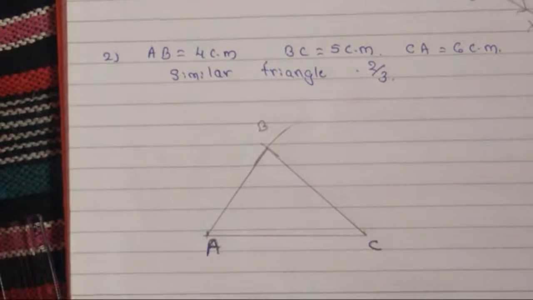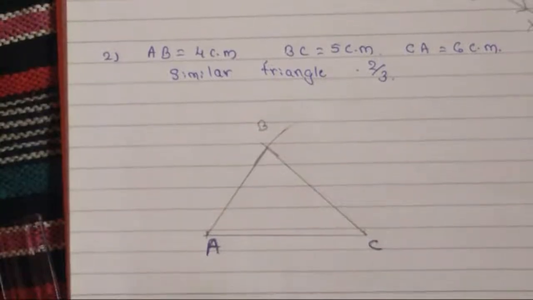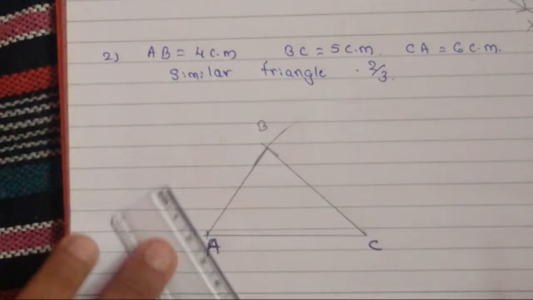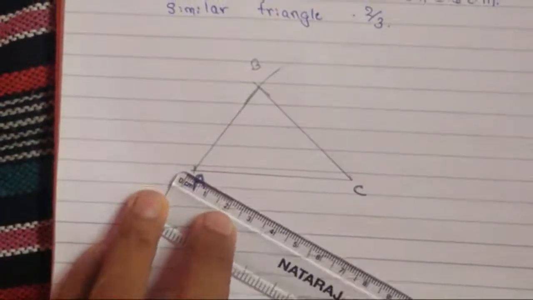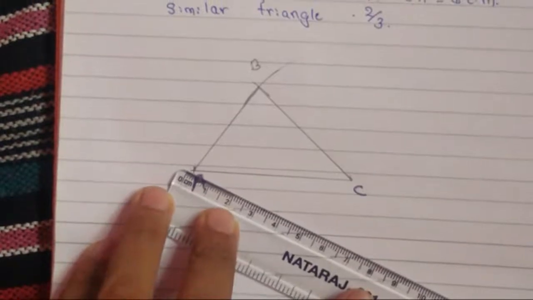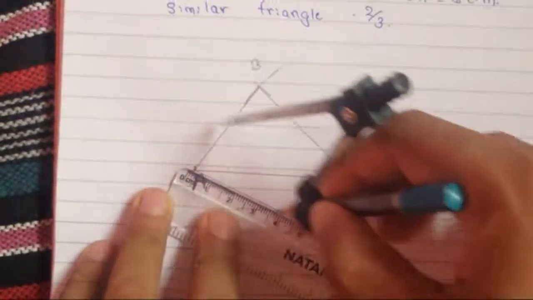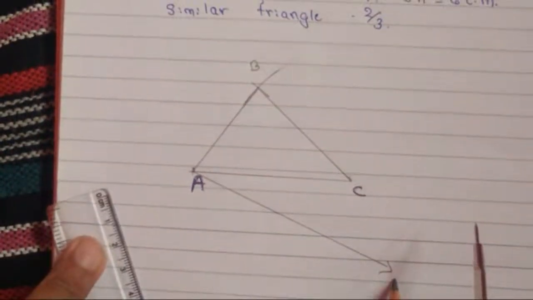So this is our original triangle. Now ratio is given, 2 by 3. Again with the help of scale, I will draw one inclined line from point A. I'll name this point as X.